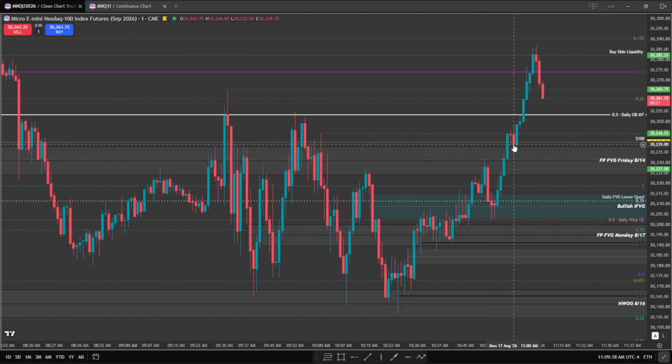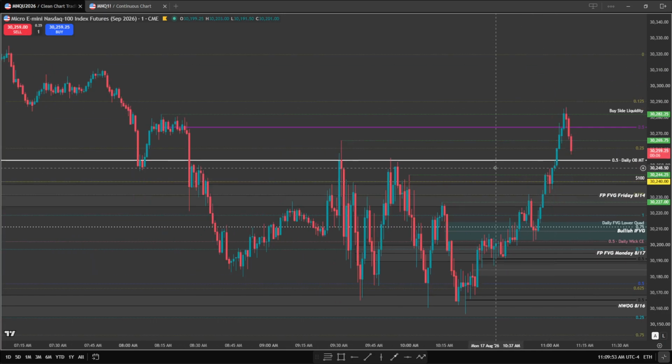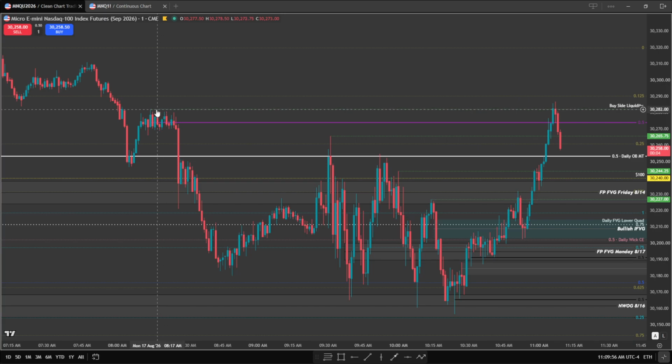Very small retracement at 11, and then it ran straight up to my target. 1, 2, 3, 4, 5, 6 consecutive up close candles straight to my target. And now it's running lower. So that's extremely precise trading in a really, really challenging market condition.